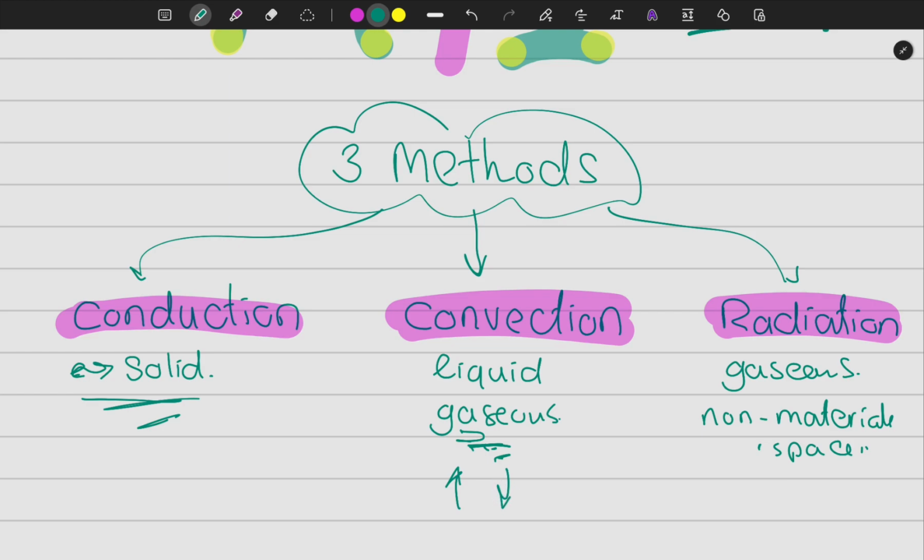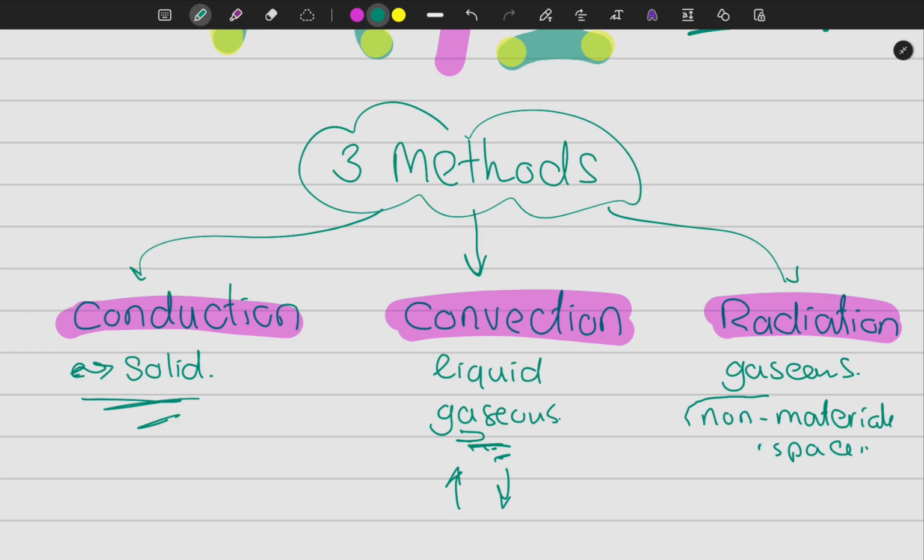Okay, radiation. Radiation is a transfer of heat from a hot object to another without any need for a material medium through which heat transfers. So we can say that it can transfer in non-material. So again, transfer of heat by radiation is a transfer of heat from a hot object to another without any need for a material medium through which heat transfers.